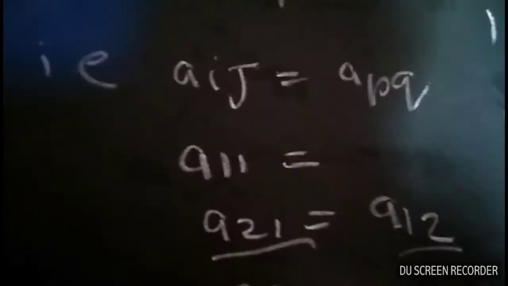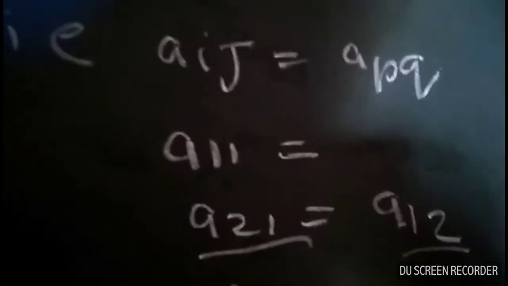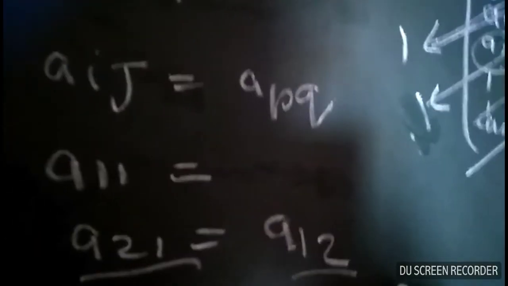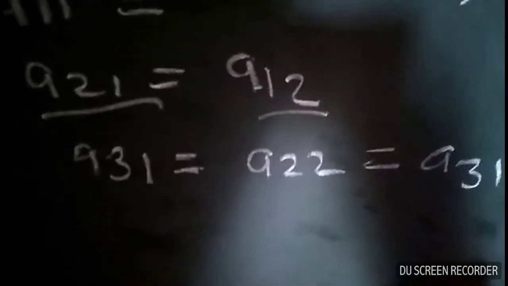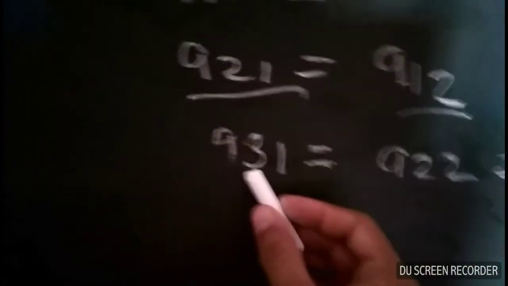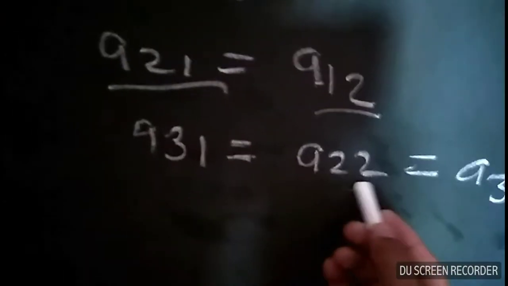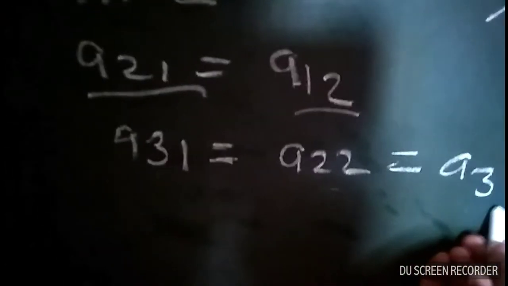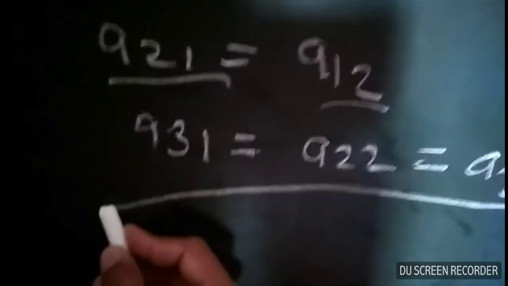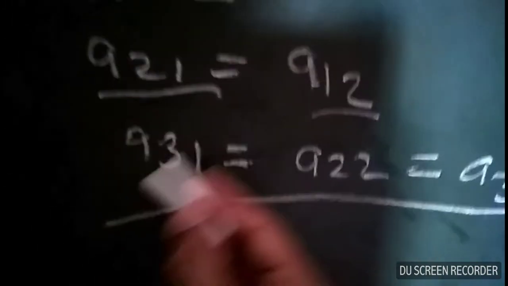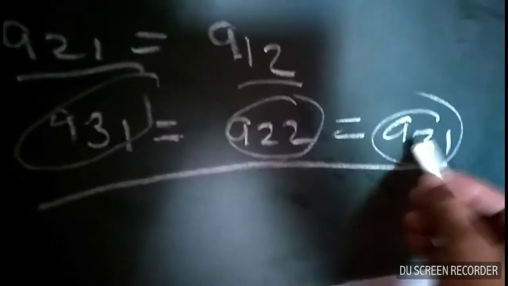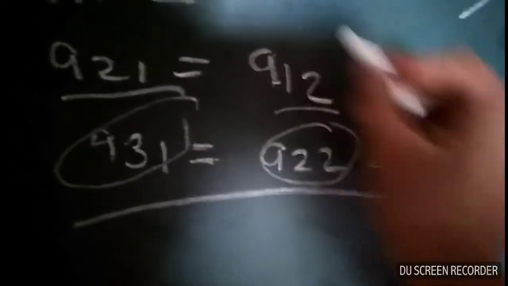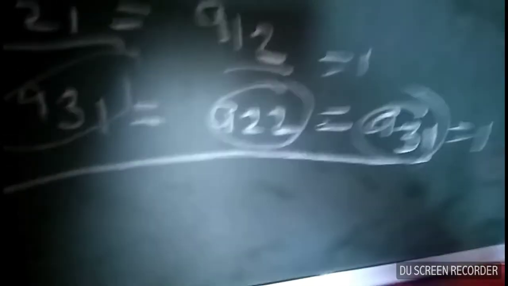In the third diagonal, A31 equals A22 equals A13, where i plus j equals 4. Three elements are in the third diagonal, and these three elements are equal. Then here one element, here one element, and here one element.